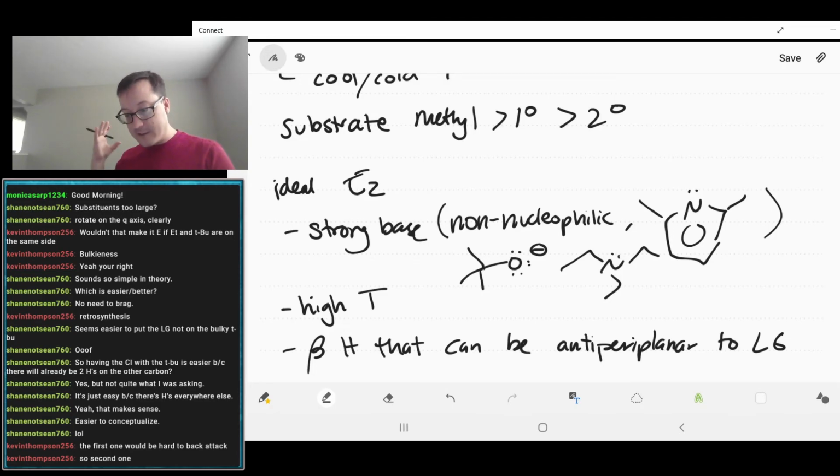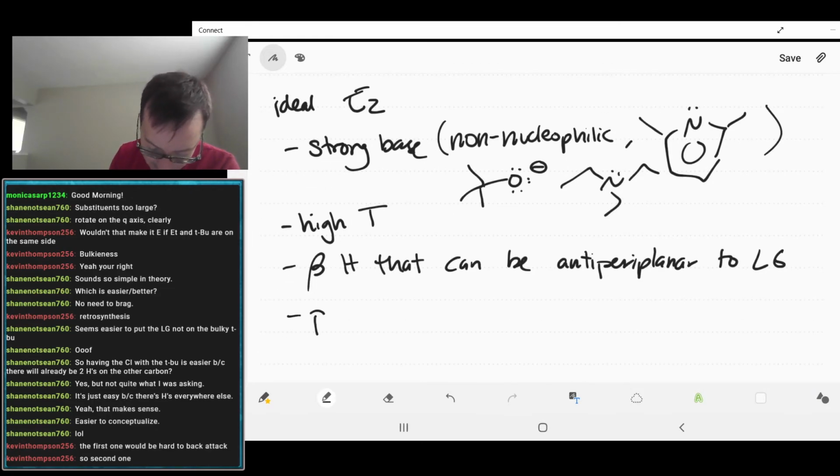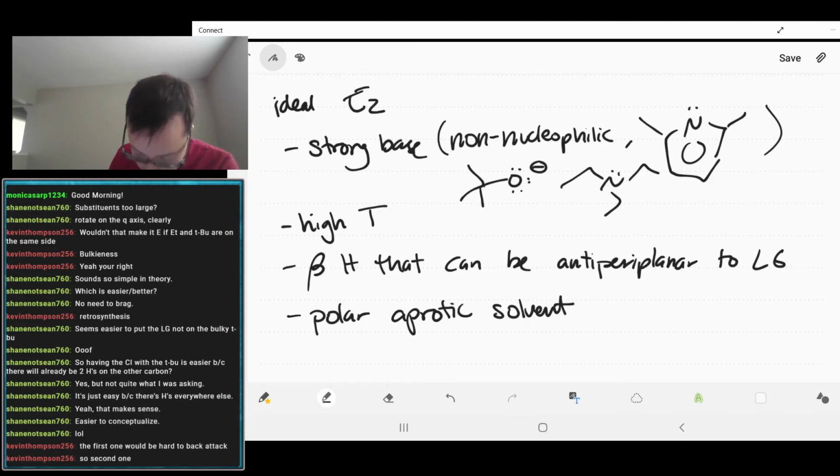Make sure that if it's a ring, you're considering axial, that you need your leaving group axial to a hydrogen and anti. You'd have to be able to rotate it, some way of getting a beta hydrogen anti-periplanar to your leaving group. And then again, with these, you typically want a polar aprotic solvent. So those are your ideal conditions for E2.